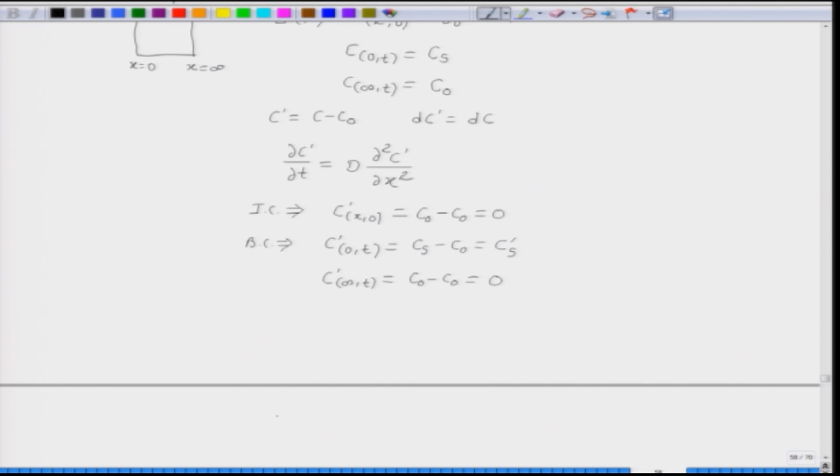So we got back the diffusion equation and the initial and boundary conditions in the form that we have already solved, right.